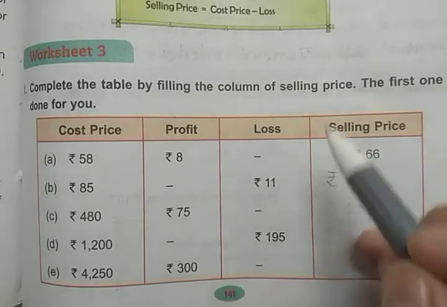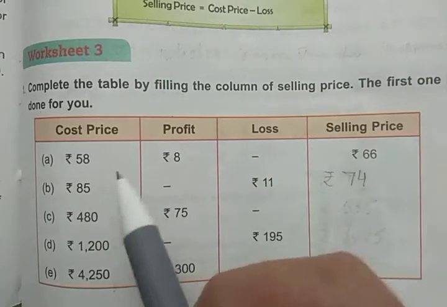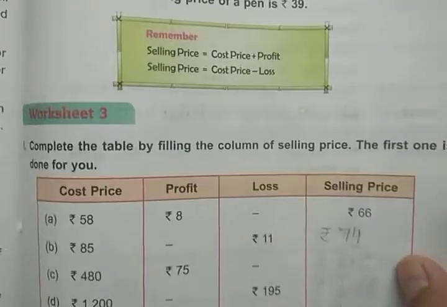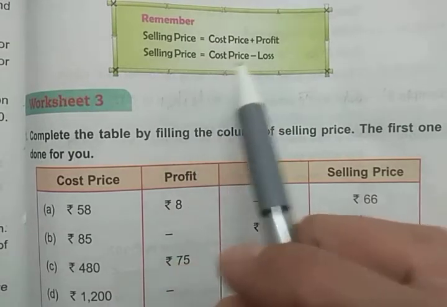So to find the selling price, what we have to do, we have the formula, you can see here: selling price is equal to cost price plus profit, and selling price is equal to cost price minus loss.